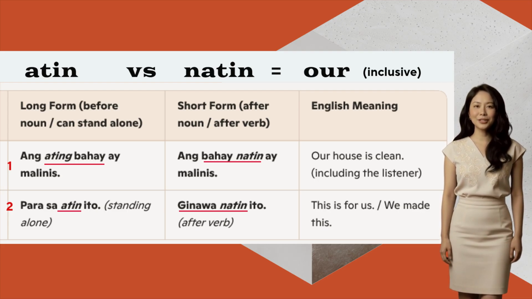Now, even though atin and natin both mean our, the English translation changes here because of how English works. So, if you notice in our example 2, and with our English translation, we do not see our there because English doesn't allow our to stand alone or follow a verb.